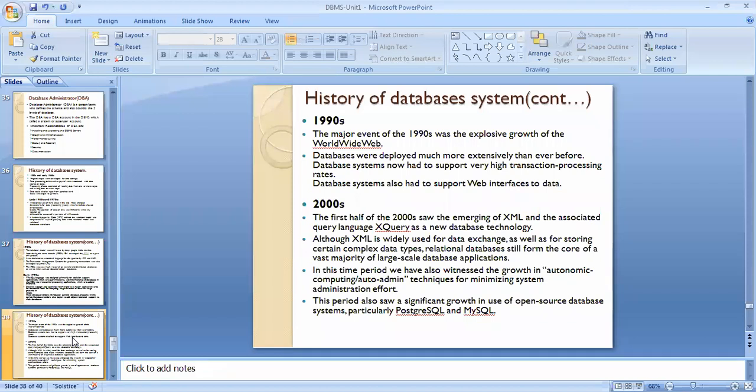In the 2000s and later, the first half of the 2000s saw the emergence of XML and the associated query language, XQuery, as a new database technology. In this time period, we have also witnessed the growth of autonomic computing as well as auto admin techniques for minimizing systems administration efforts.